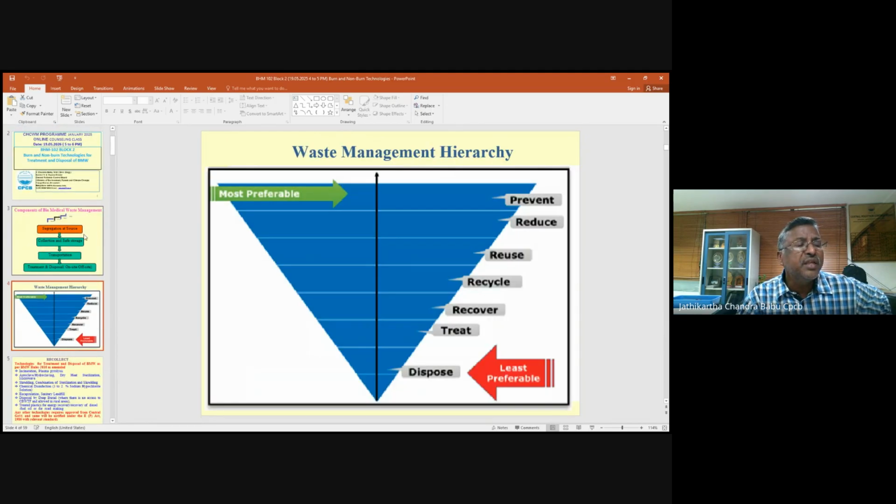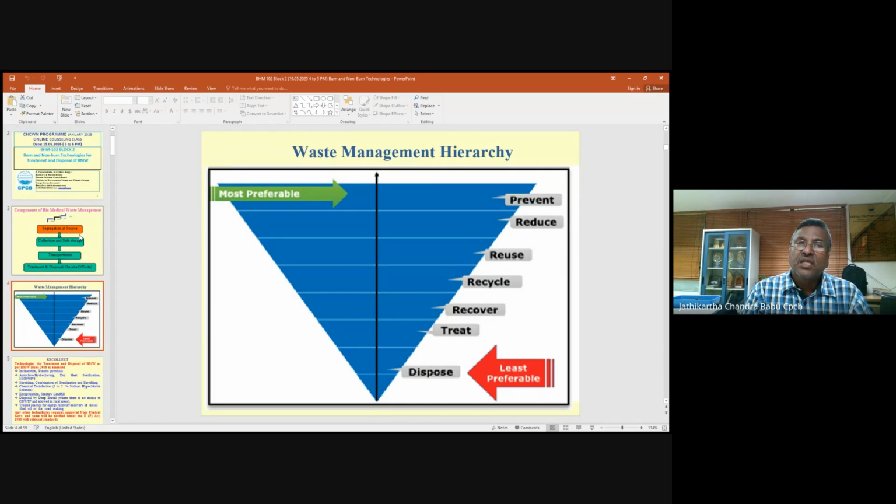Now, coming to the hierarchy in waste management, we also learned in the last class that prevention of waste generation is the most preferred option, whereas we have to adopt various measures like reduce, reuse, recycle, recover.